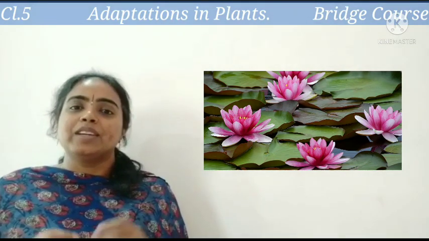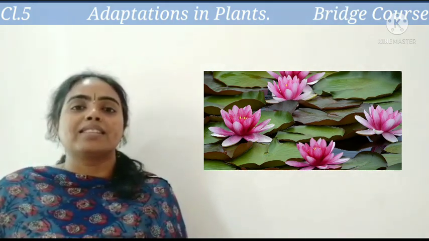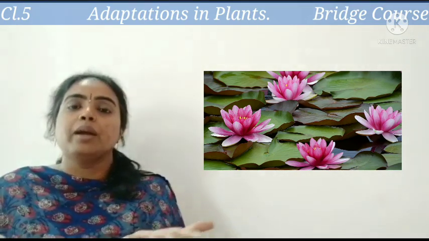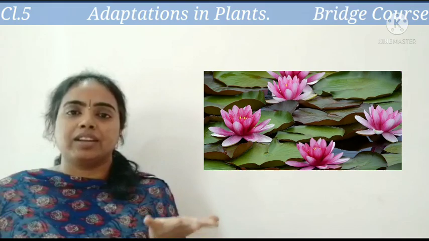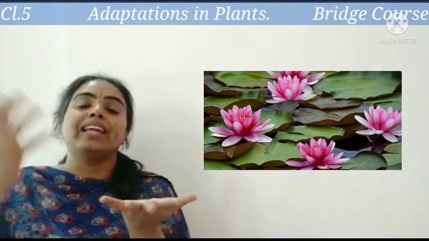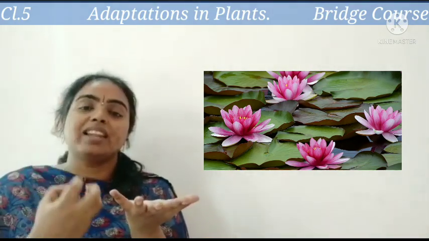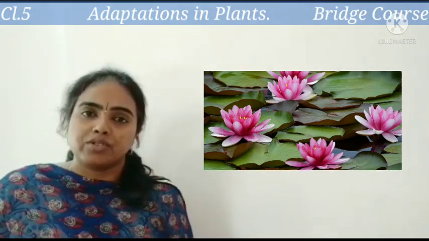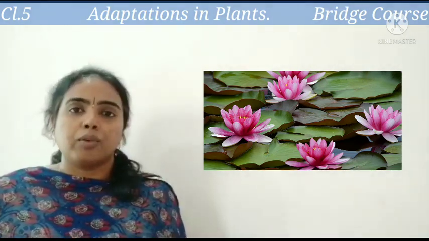Now, you can notice among these plants that the size of the leaves is extremely large. That is, it is very wide, broad in nature. Why? So that it can get sufficient sunlight and air, which would help them in the preparation of their food.